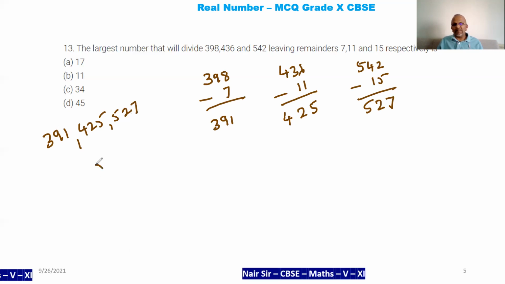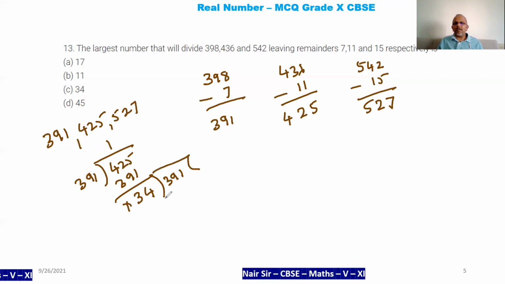Now, an easier way to find it is: 425, 391 1s are 391. What is left? 34. And you get 391. I take this as 1, so that makes it 34.